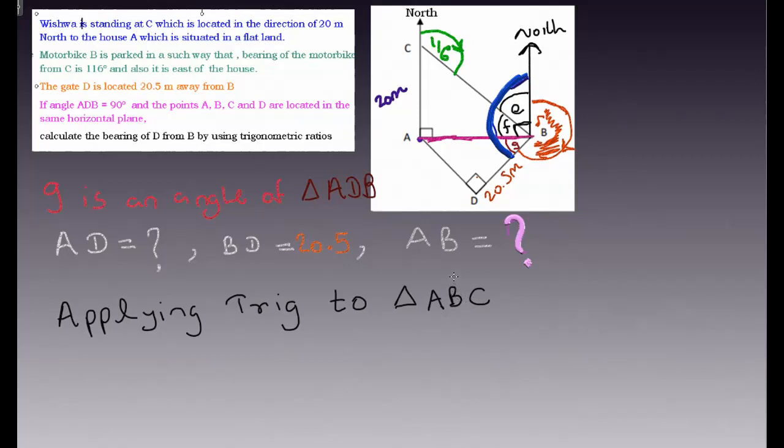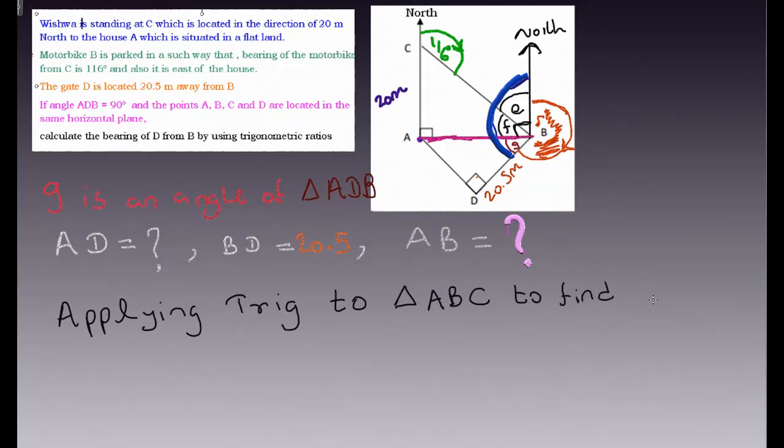So what do we know about triangle ABC? Now, what's the goal? We are trying to find AB's length. So applying trigonometry to triangle ABC to find AB.